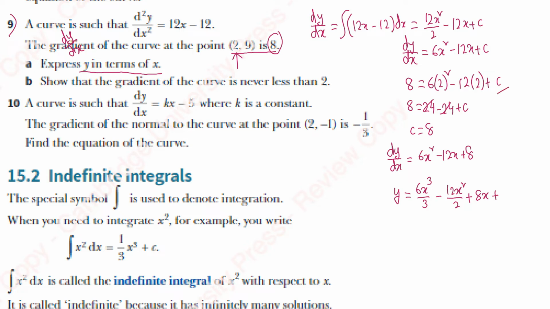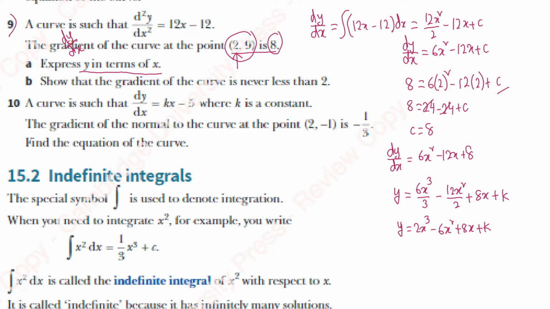Because we wrote c one time, we can write k here as the constant. Now write the expression y = 2x³ - 6x² + 8x + k. Now it's time to put in the point (2, 9), because this point also lies on the curve.